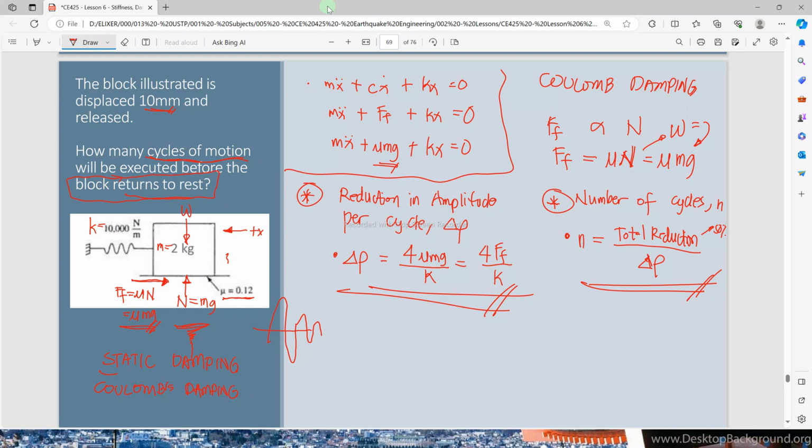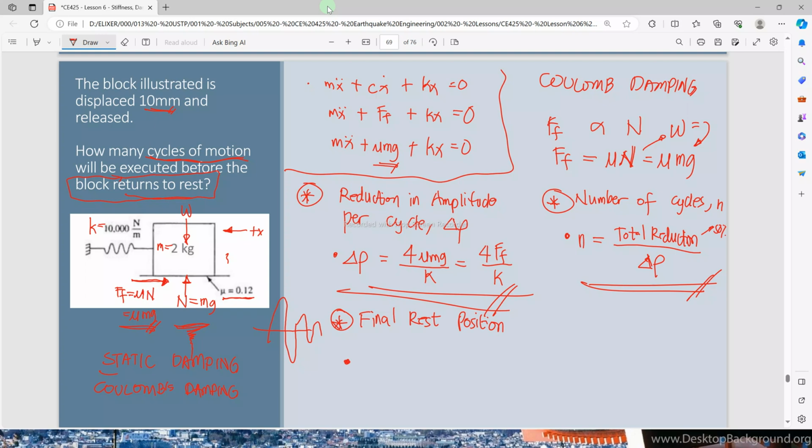Another formula that you need to remember is the final rest position, where the system stops.